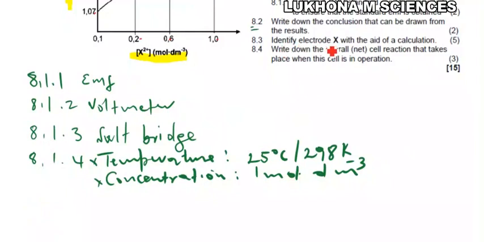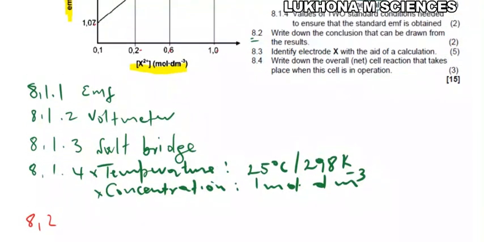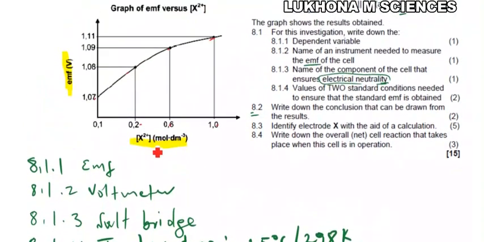Write down the conclusion that can be drawn from the results. 8.2 conclusion here. What is happening on the graph as you increase the concentration of X ions, the EMF increases. We start with X, that is XY.